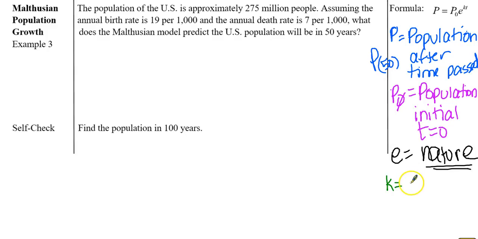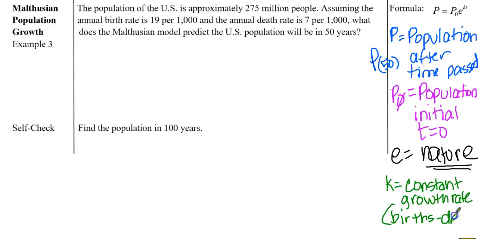Okay? All right. K is your constant growth rate. And again, we have to take into consideration births minus deaths to get the growth. And of course, if those things flip-flop, then you don't have growth, you have decline. So pay attention to the problems that you're working on.